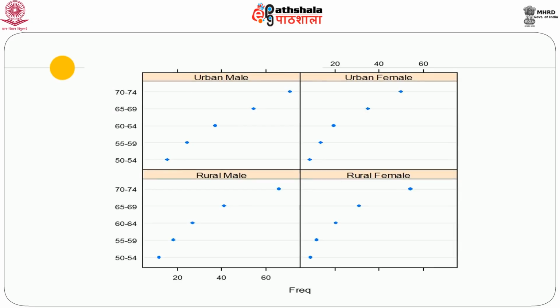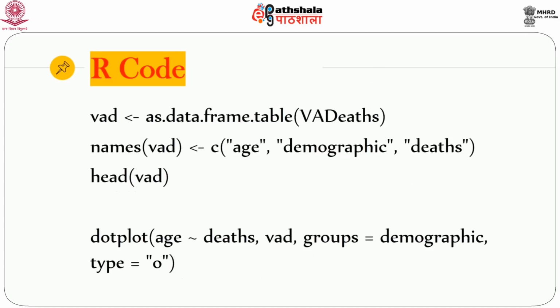Here we have considered the things from a slightly different point of view. Here, for our convenience, VAD has been built up and we are considering the variables age group and deaths for each of the subcategories like rural male, rural female, urban male and urban female. And this is what the output dot plot says.